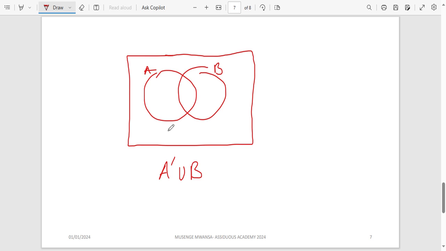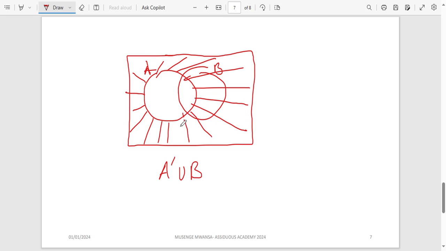A complement means everything outside A. So this is what is outside A, everything outside A. This is A complement. But then we want where it is union B. Union means also shade B, including that part which is in A. So this would be the set.